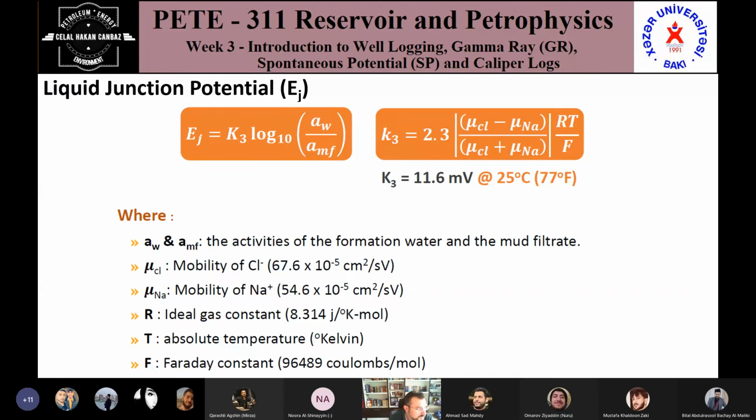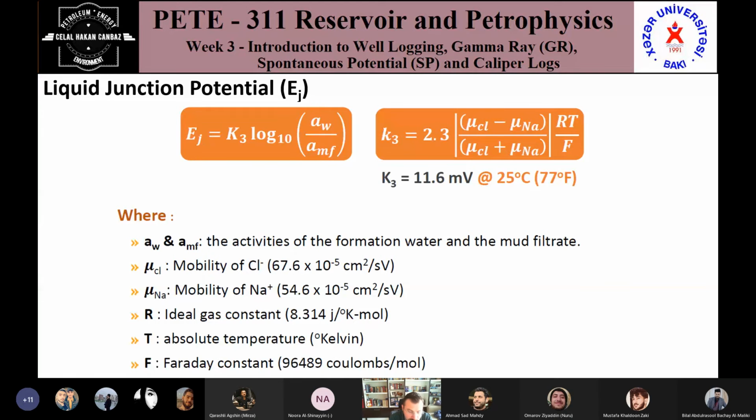Here, AW and AMF are two different parameters, and the ratio of these two is used: the activities of the formation water and the mud filtrate, as I mentioned. When we are calculating the K3, we use the mobility values, not viscosity. What is mobility? Do you have any idea about mobility? Is it the ratio of two parameters?